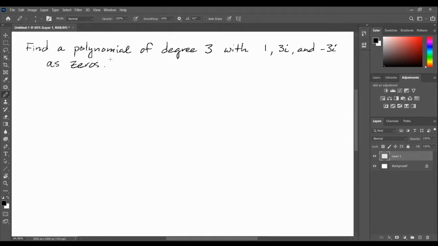So we need to come up with this polynomial. Well, to go from a zero to a factor, remember that x minus c is a factor when c is a zero.